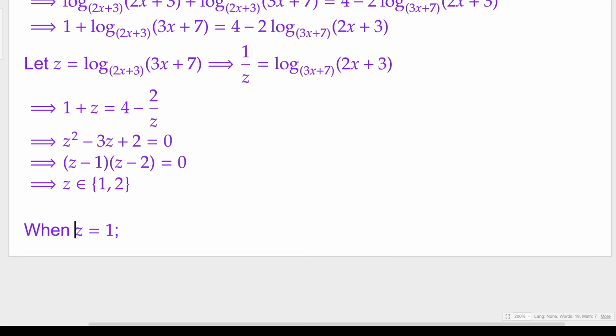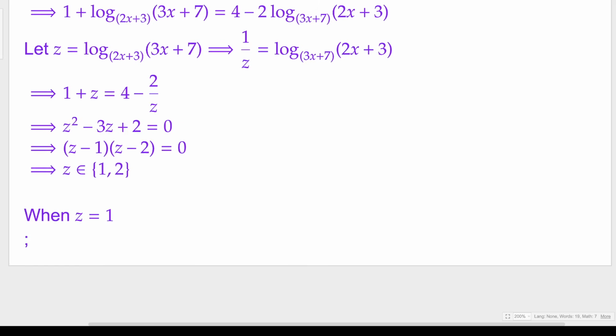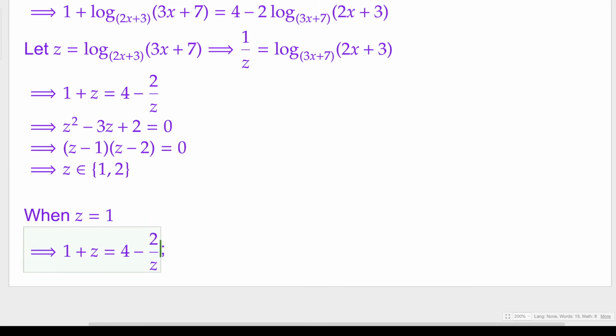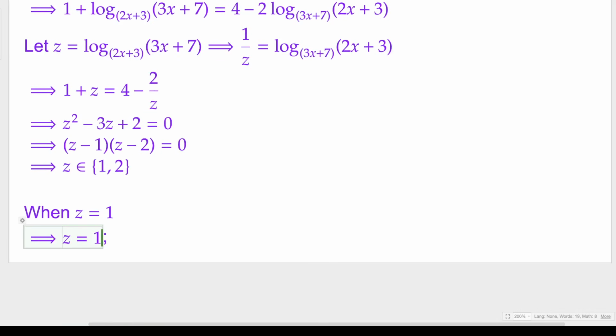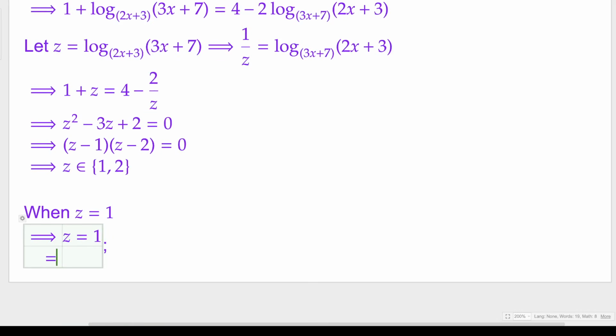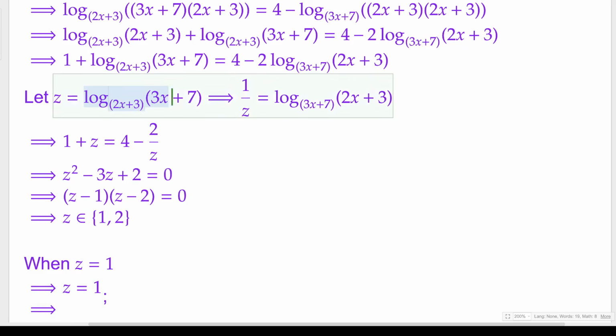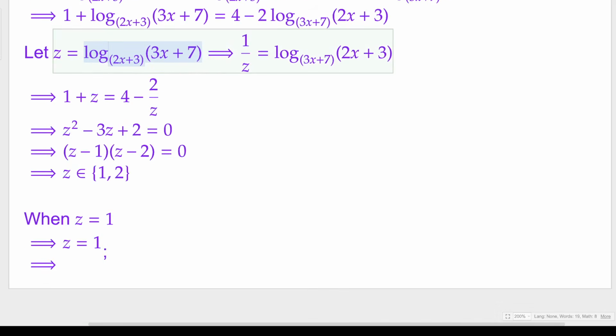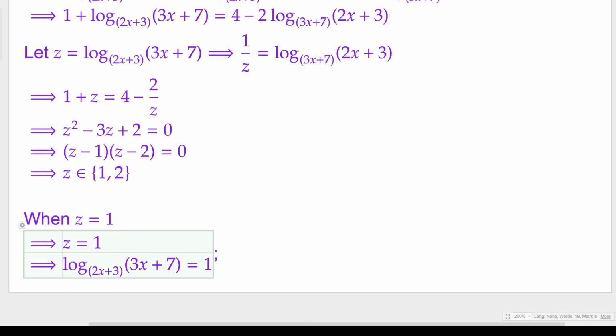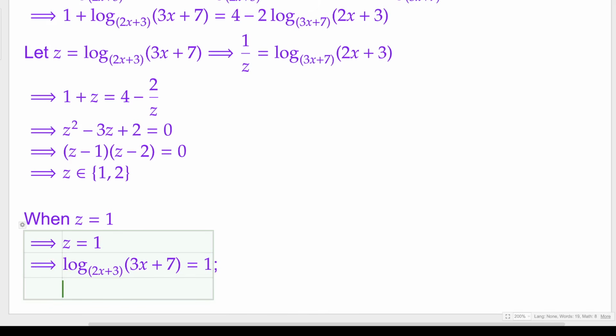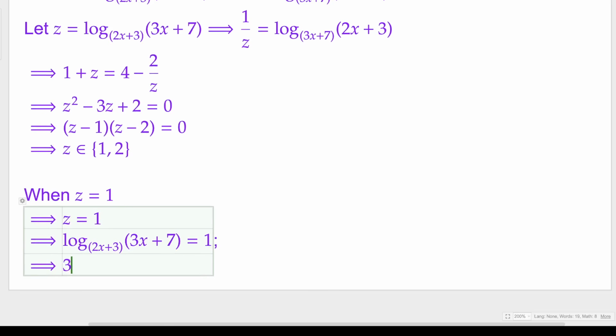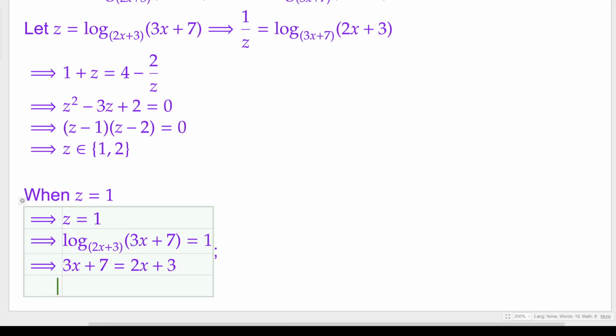When z is equal to 1, instead of z I replace it with the factor, that is log base 2x+3 of (3x+7) equals 1. Resolving this, 3x+7 is equal to 2x+3, and from this x takes the value negative 4.